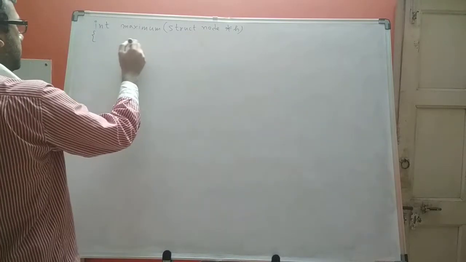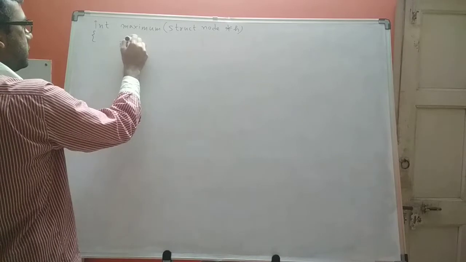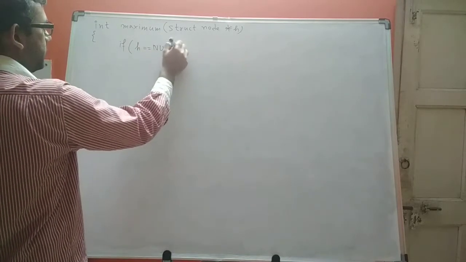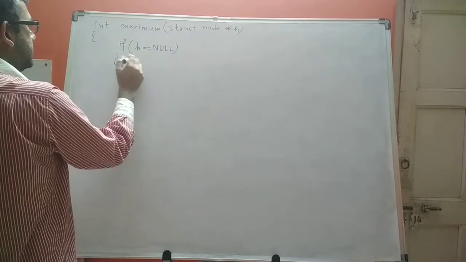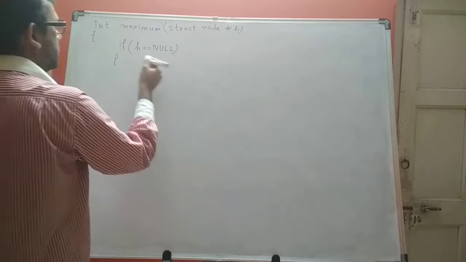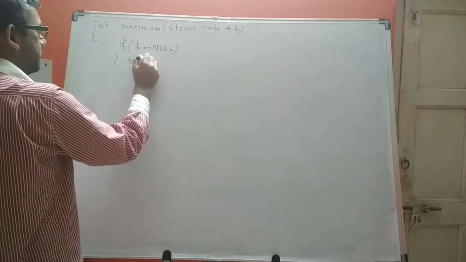In order to do that, I'll have a condition. So I'll say if h is equal to null. If h happens to be null, that means my list is empty, right? So if h is equal to null, I'll simply print out. So I'll say printf.